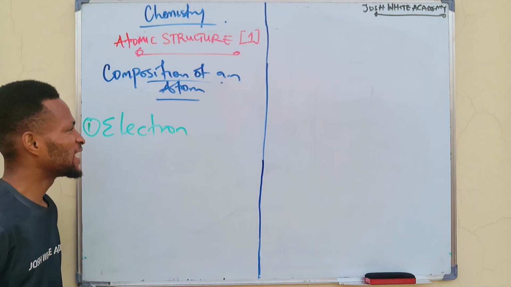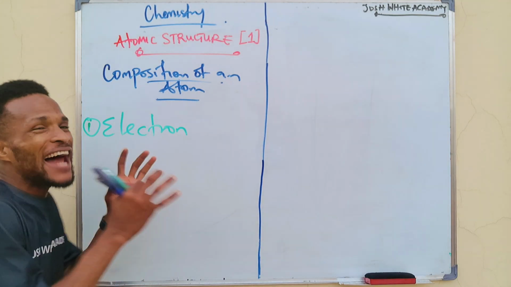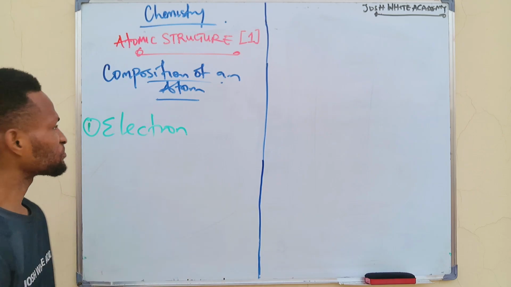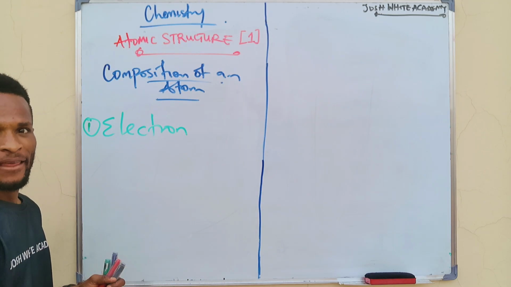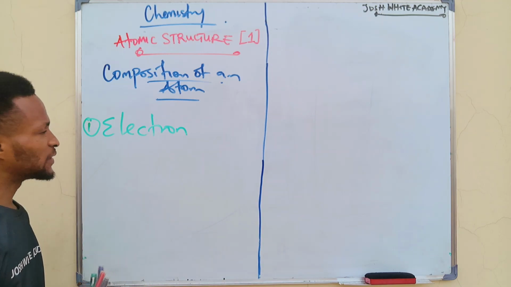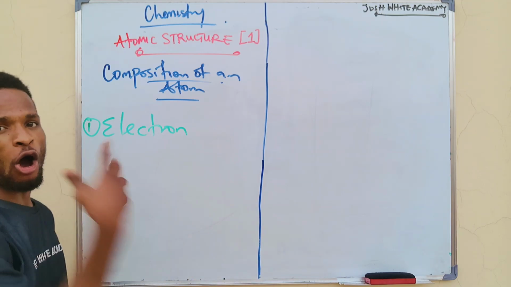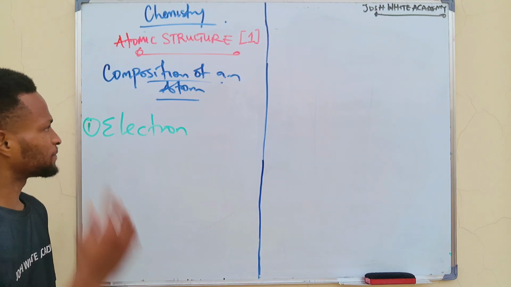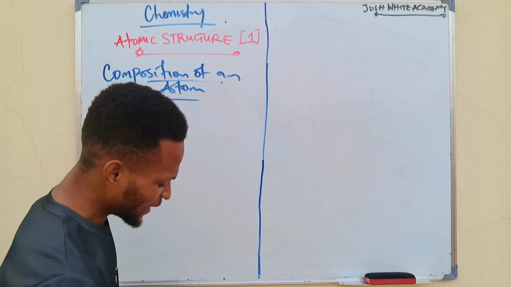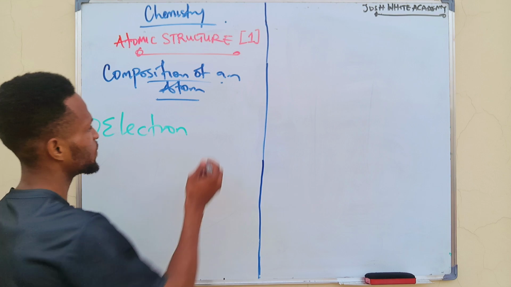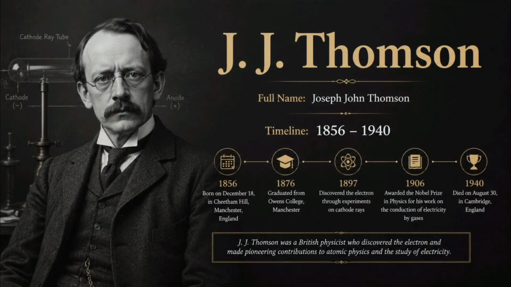Electrons are negatively charged, found revolving on the shell or orbit. Now, the electron was discovered by J.J. Thomson in the late 19th century.